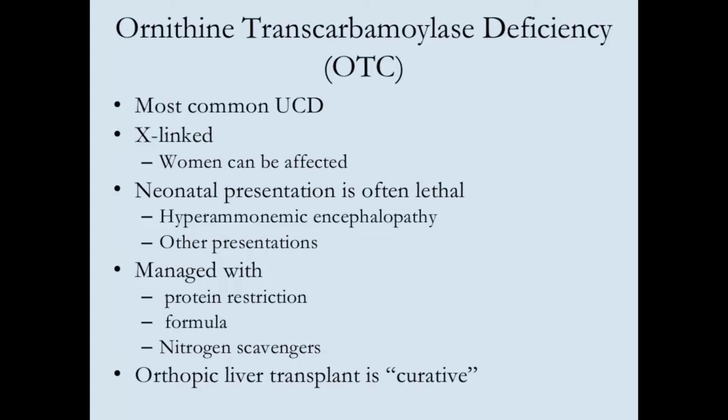They can have a hyperammonemic encephalopathy, which is severe. You can have ammonia levels in the thousands. A normal ammonia level from whatever lab you're looking at is generally something like 9 to 30 or some variant of that. In a newborn, it's not unusual to see it up to 100 just because it's hard to get blood out of an infant.